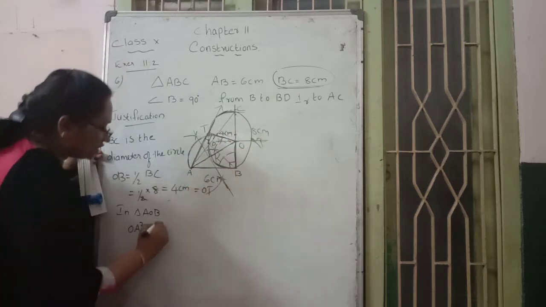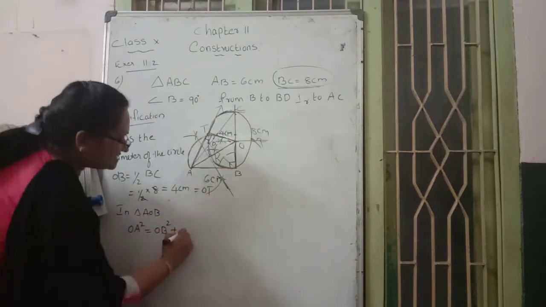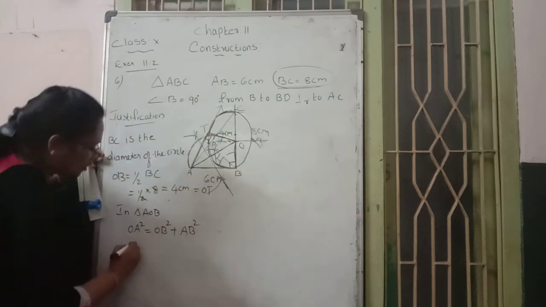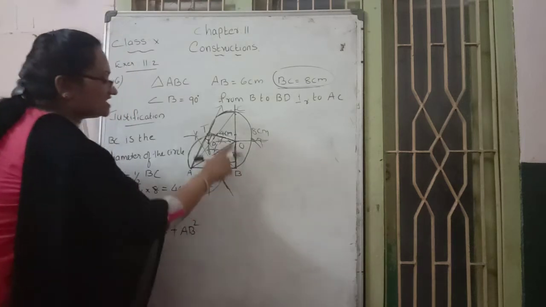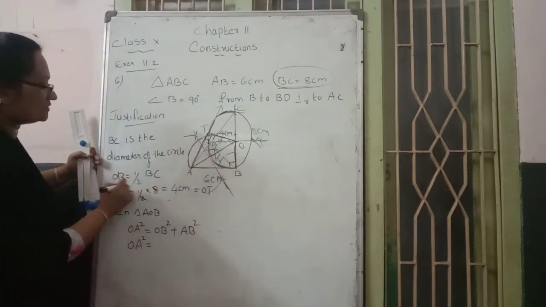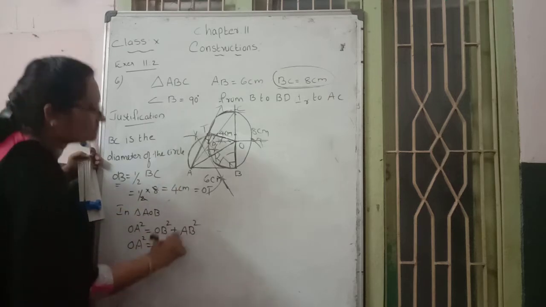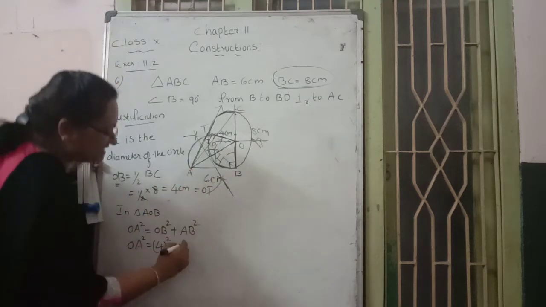The altitude is OB, so OB square. The base is AB, so AB square. OA value we don't know, we want that value. OA square equals OB square, where OB is the radius of the first circle, 4 centimeters, plus AB square. What about AB? AB here is 6.